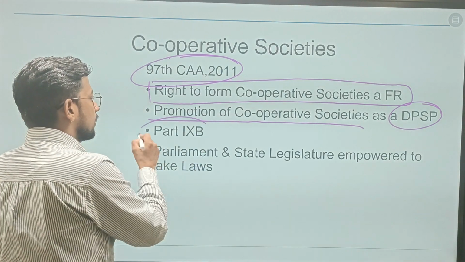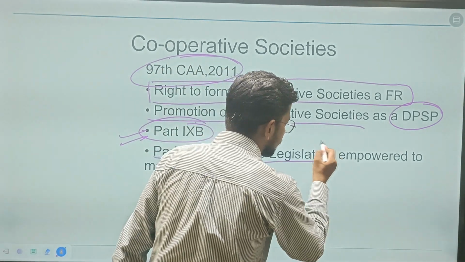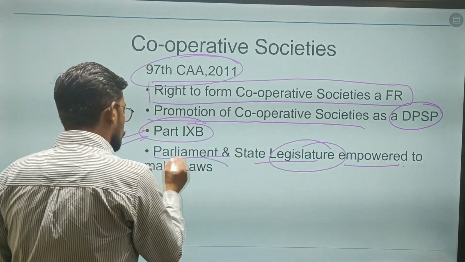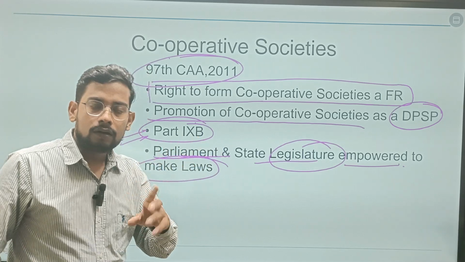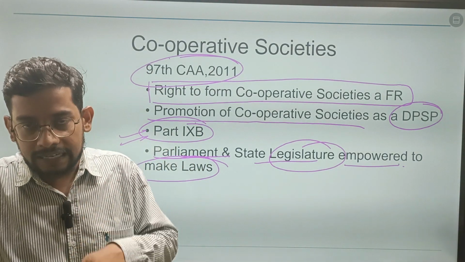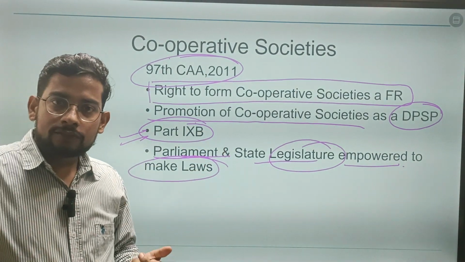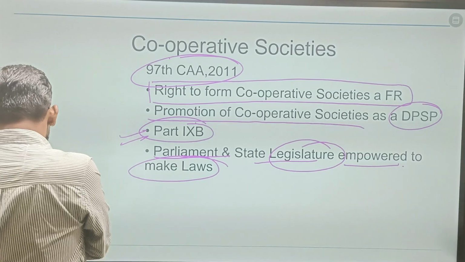Then cooperative societies have been put under Part IX-B. Parliament and state legislature are empowered to make laws related to cooperative societies. For example, state cooperative societies are governed by state laws, whereas interstate cooperative societies are governed by Parliament.